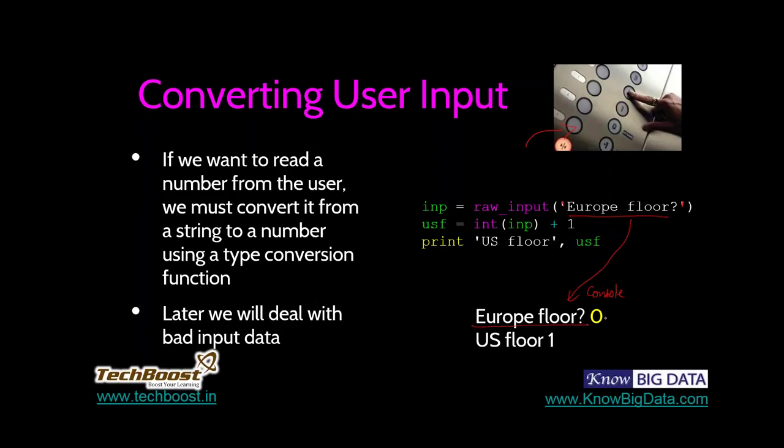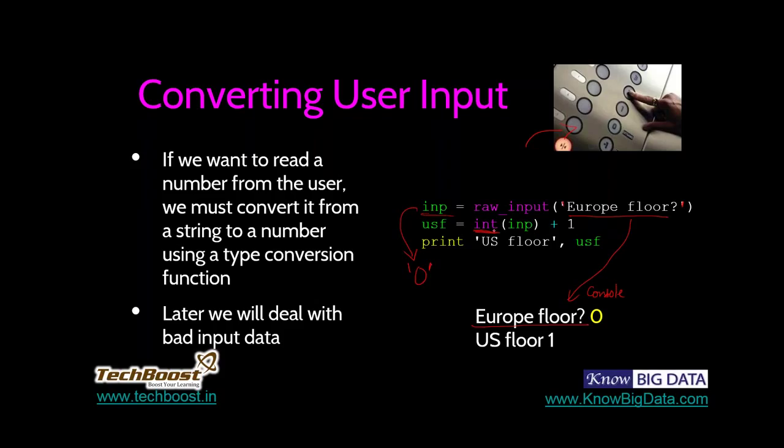And the user inputs 0. And remember, we saw that raw input is going to return us a string, not a number. So what INP will get is 0 in string form. It is our responsibility, if we want to use this particular string as a number, to use an appropriate type conversion function.